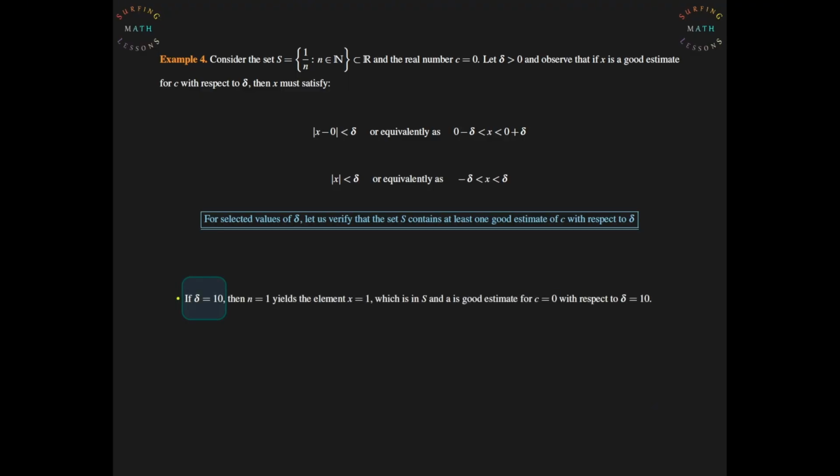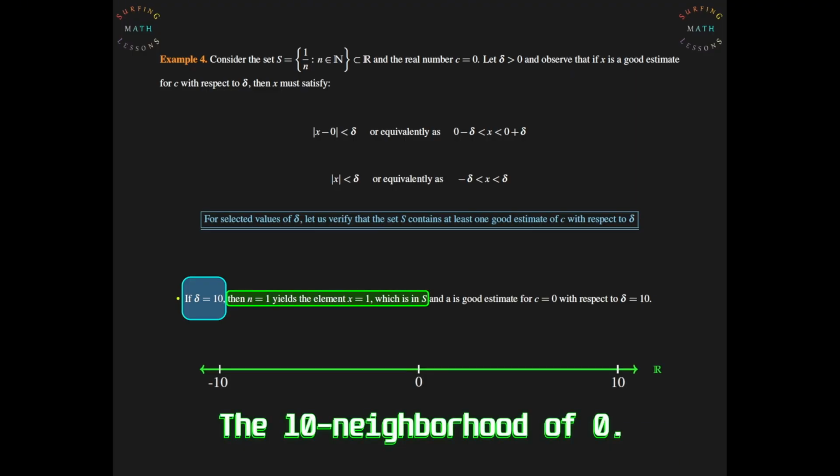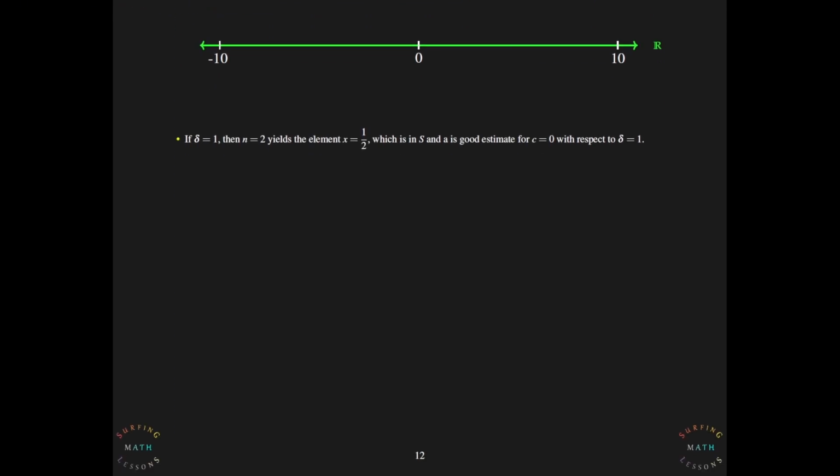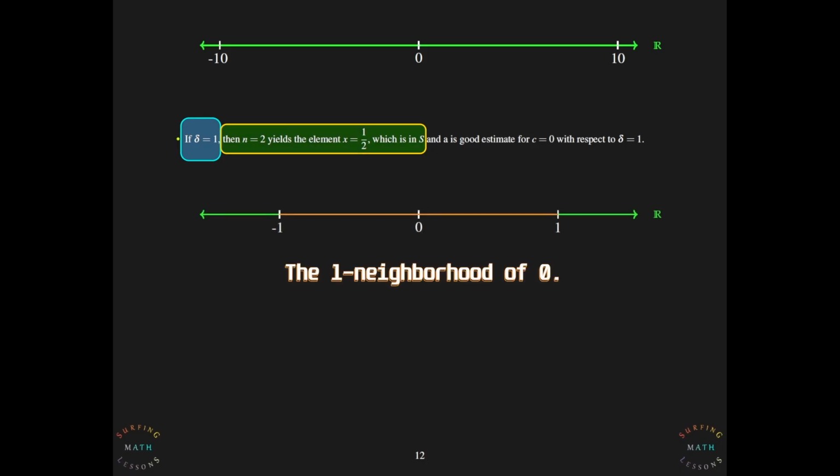First, if delta is equal to 10, observe that the number 1 is in the set S and is a good estimate of 0 with respect to this particular value of delta. Second, if delta is equal to 1, notice that the number 1/2 is in the set S and is a good estimate of 0 with respect to delta equal to 1.